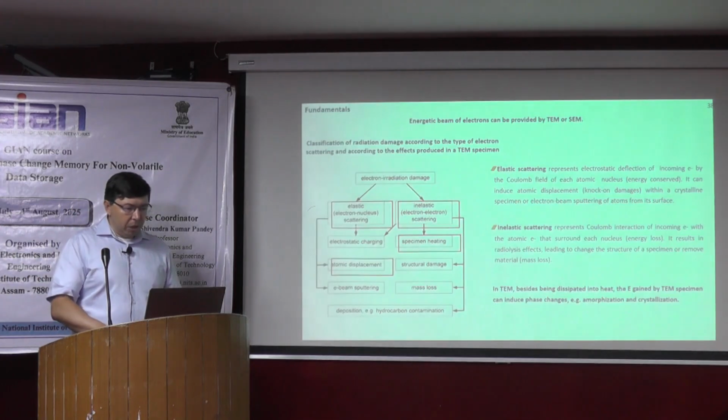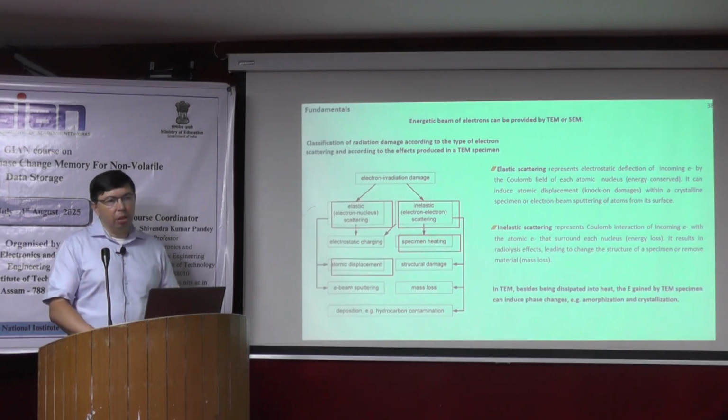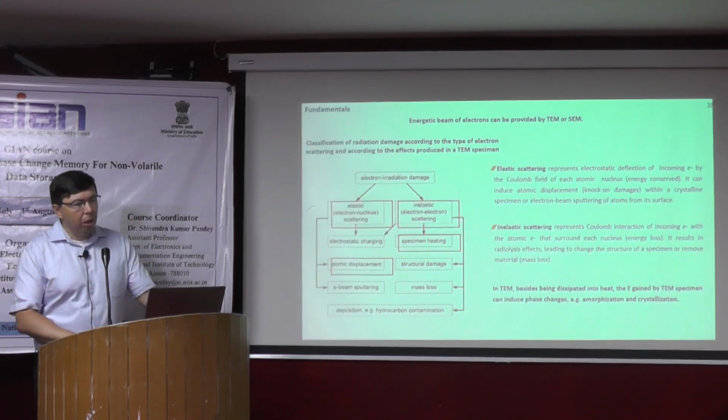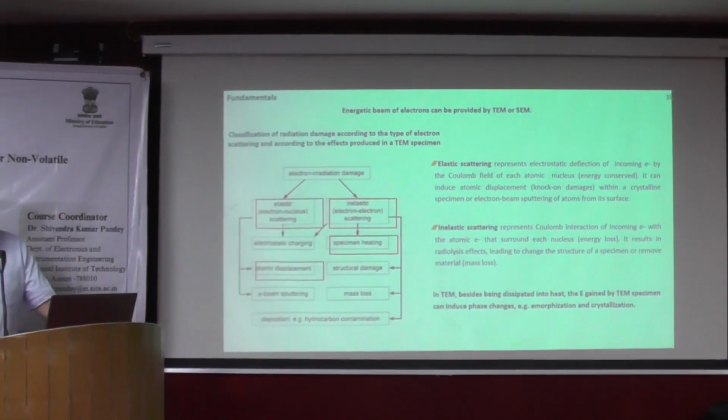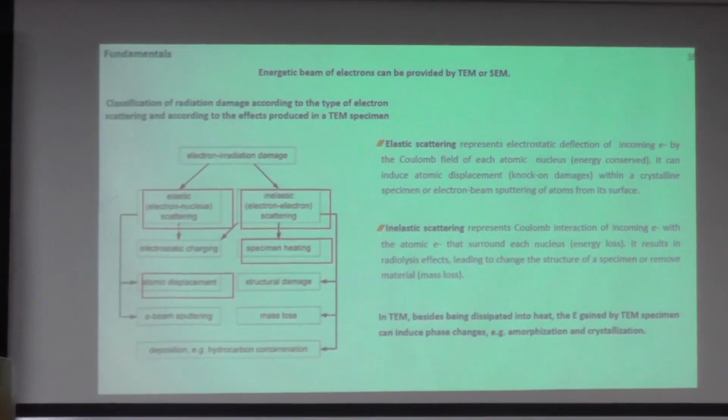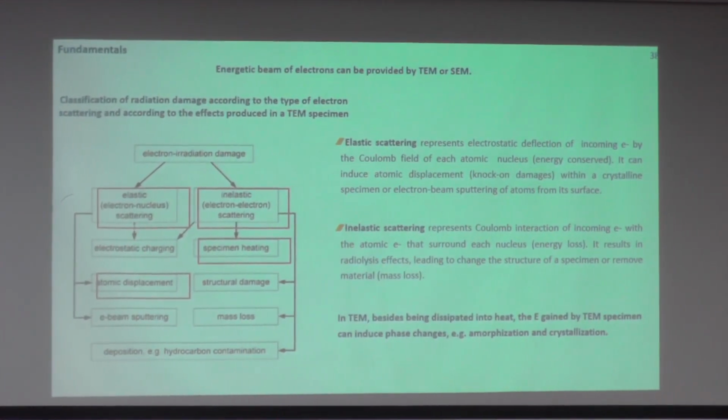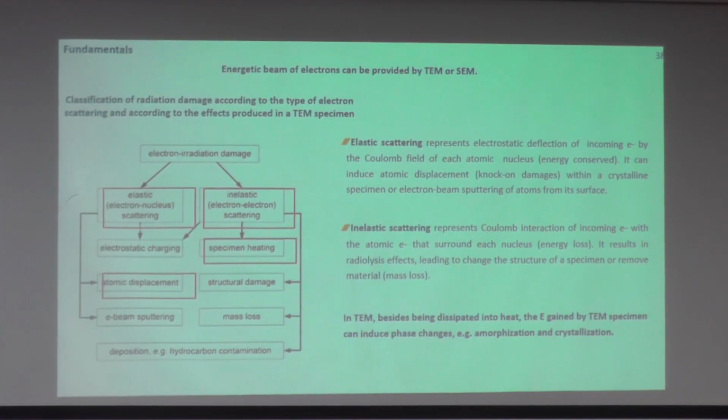Electron beams, as we know, can be created in a transmission electron microscope, or also in a scanning electron microscope. There are also special accelerators that can be used. But here I consider mainly how to modify the crystal structure using the TEM or SEM.